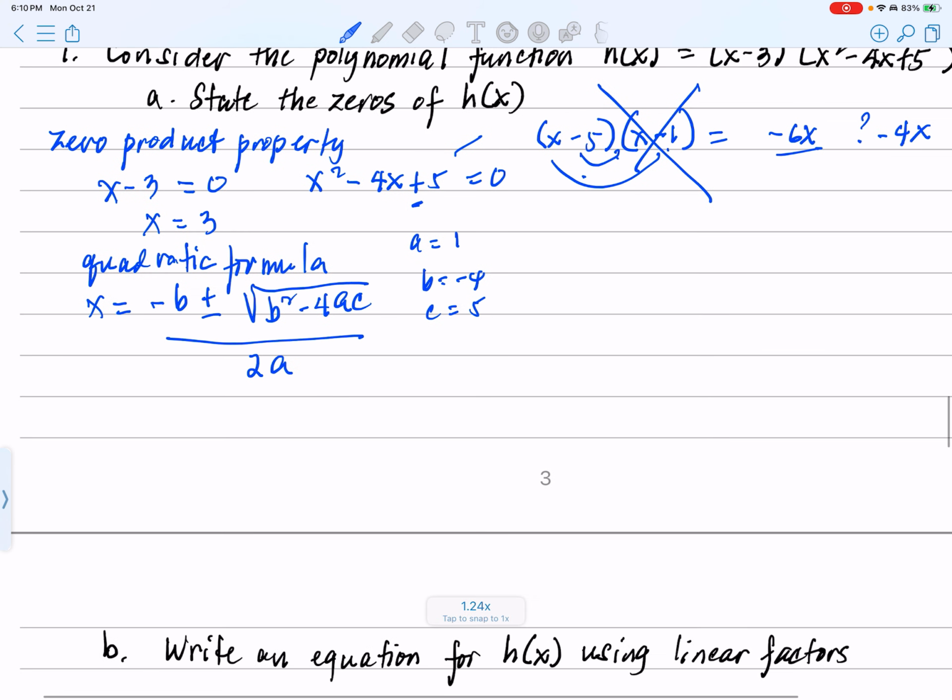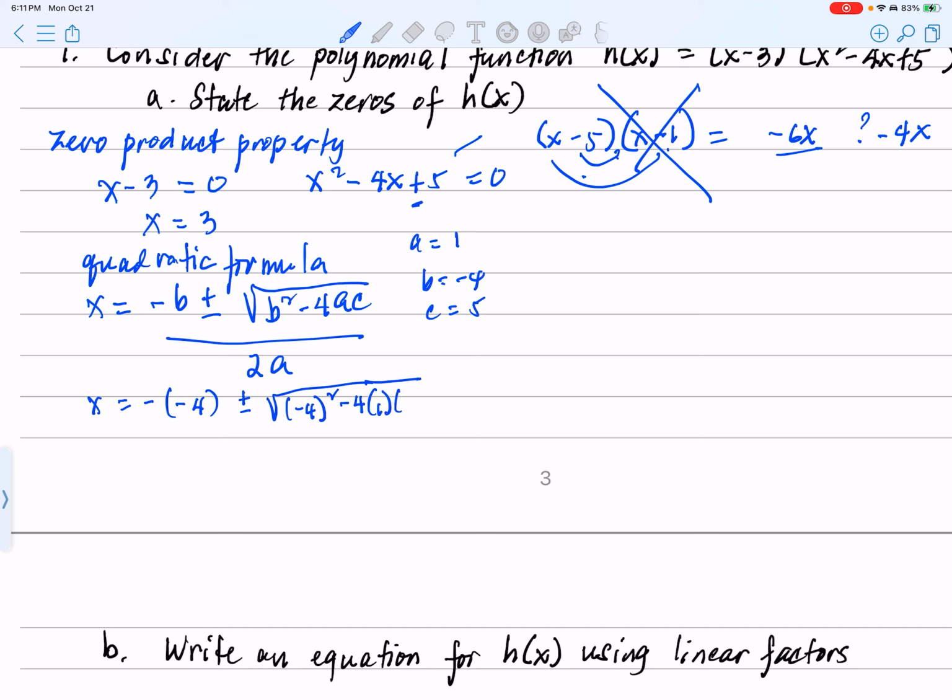Then substitute into the formula: negative negative 4 plus or minus the square root of negative 4 squared minus 4 times 1 times 5, over 2 times 1.